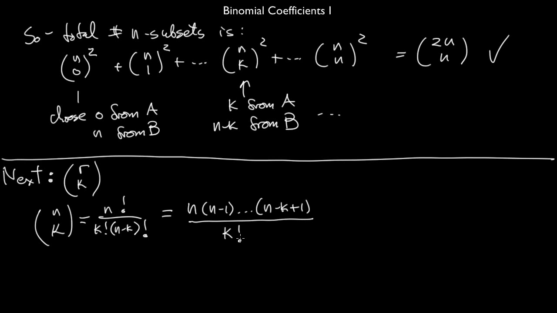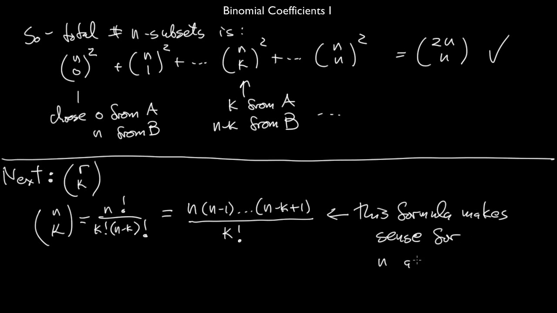That's a basic property. And when you write it this way, this particular formula makes sense when n doesn't have to be an integer. N factorial needs n to be an integer, but n times n minus 1 and so on makes perfectly good sense for n any real number.